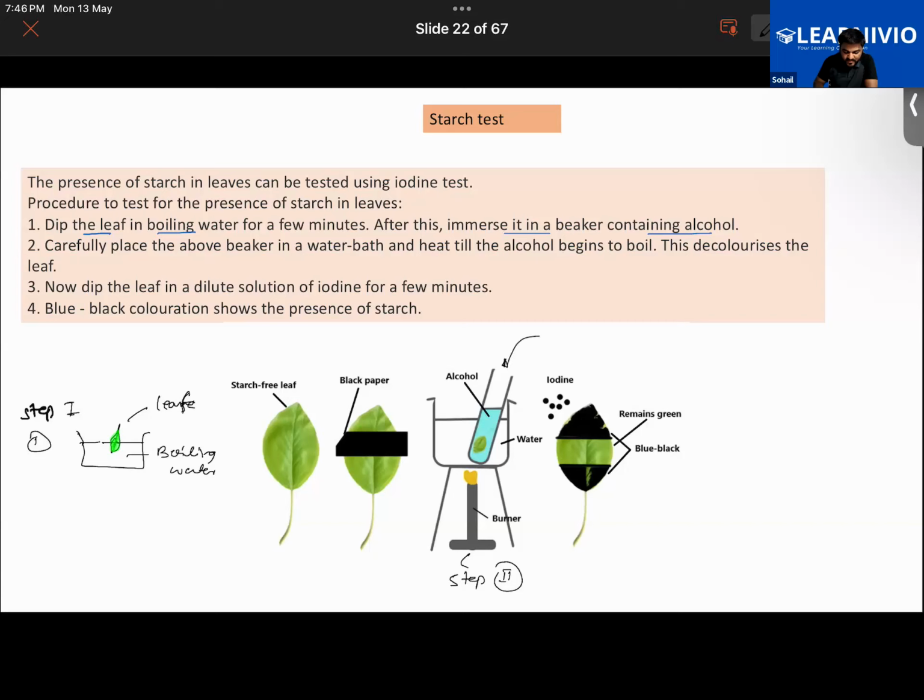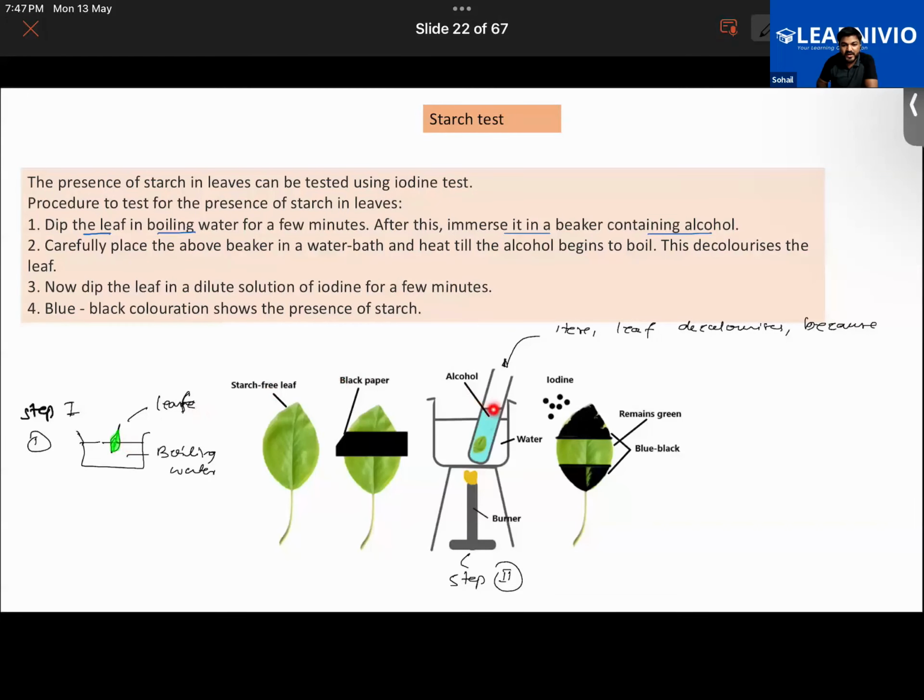In this step, what is happening? Here the leaf decolorizes. So, sir, what color will the leaf be? The leaf will become pale in color. It will be losing its green color. Why is it decolorizing? While you were boiling the leaf in water, at that time the leaf was not losing its color.